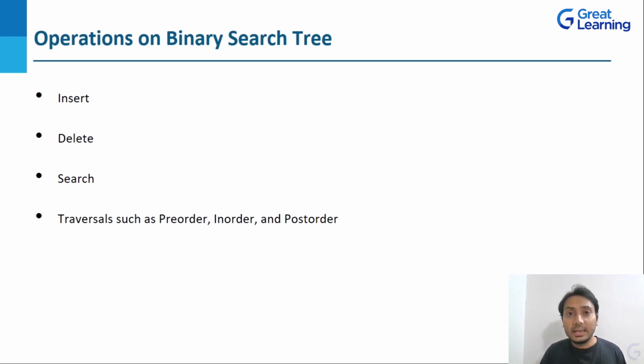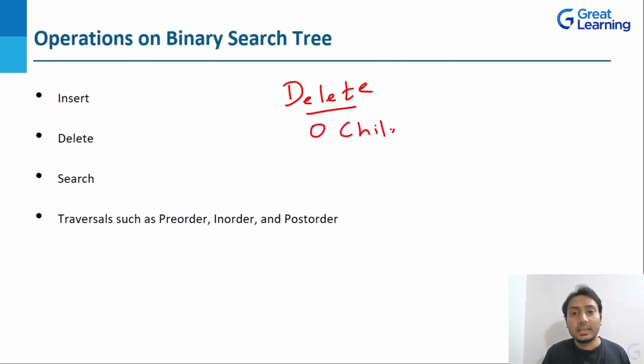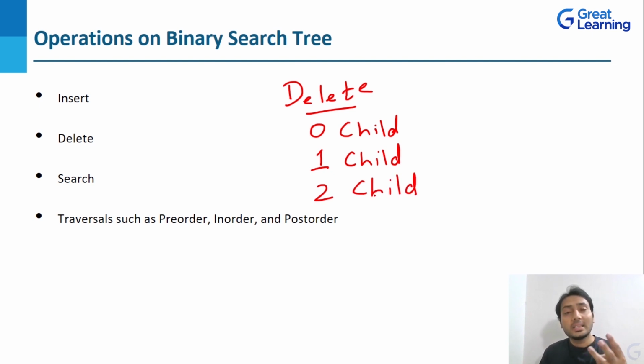The next operation is delete. Here in delete there are three scenarios. In delete we'll come across zero children, then one child, and then it could be that you have two children. These are the three scenarios when you're trying to delete a particular node.